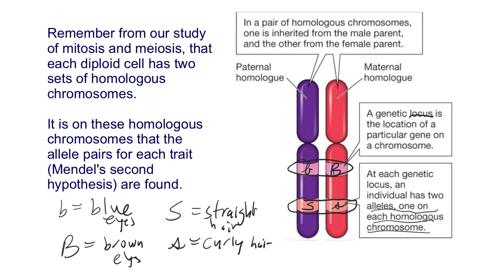So these would be what the chromosomes would look like right after mitosis, before they get sister chromatids. Okay, so this would be a 2N cell. Now, a gamete would just have either the purple or the red one. It wouldn't have both because that would be N haploid.